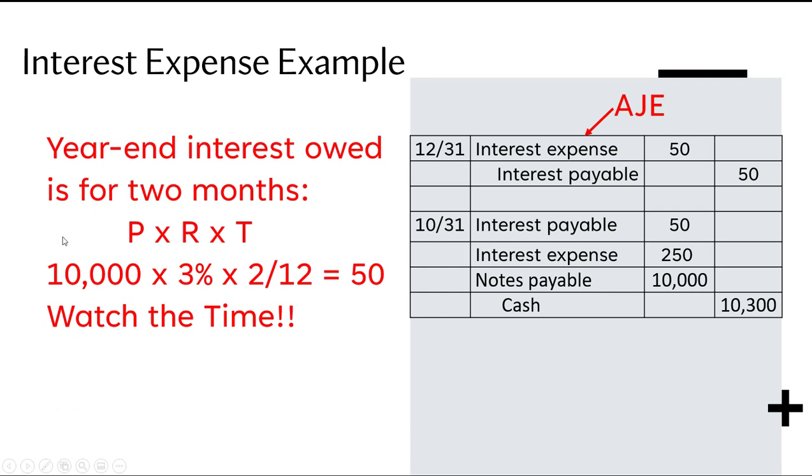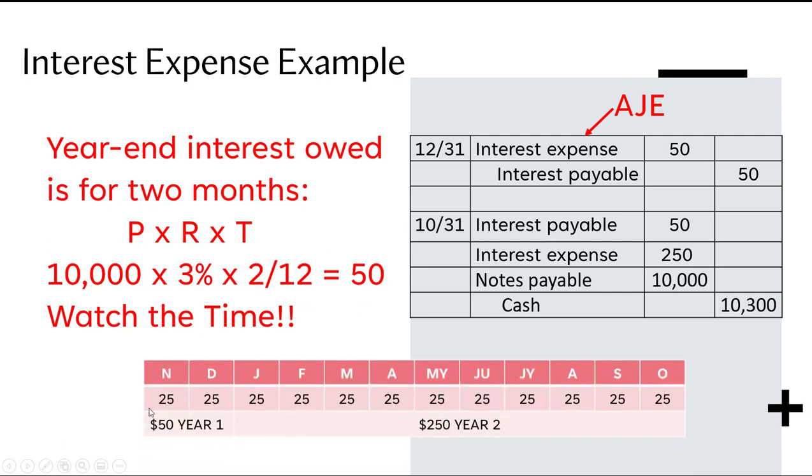Let's see where that came from. All right, so interest is principal times rate times time. So our principal, we borrowed $10,000, 3%, 2 over 12. Remember that time is in terms of a year. So there were 12 months in the year, and we owe interest for 2 months, or $50.